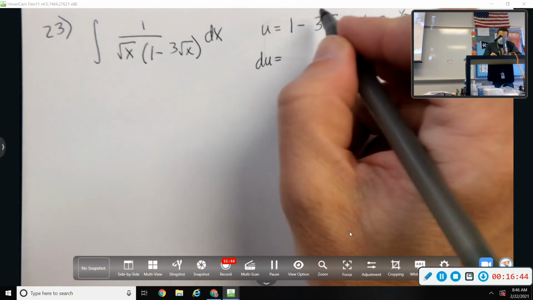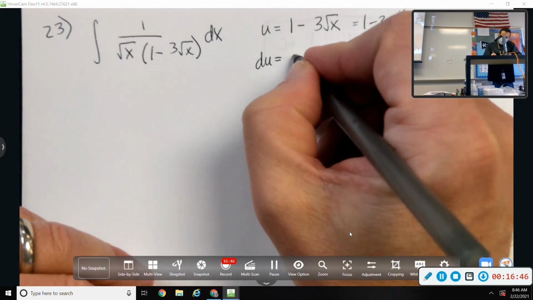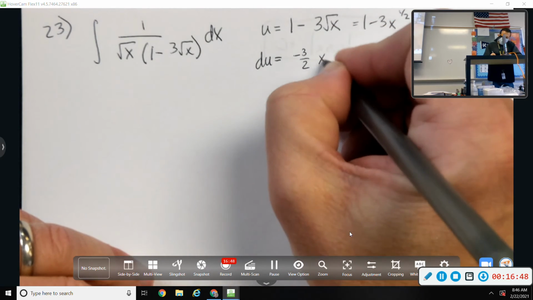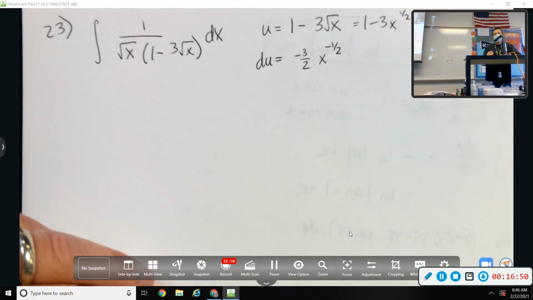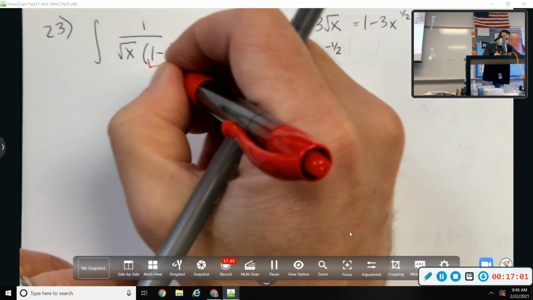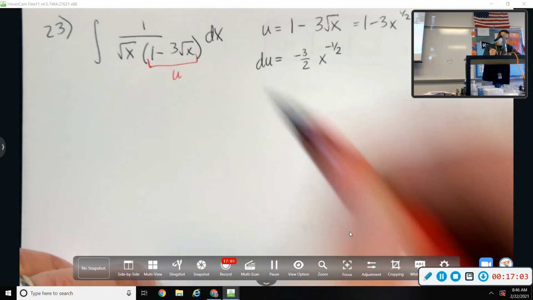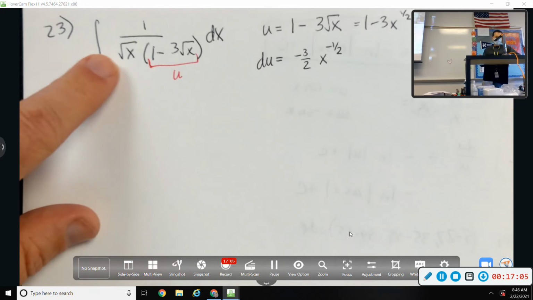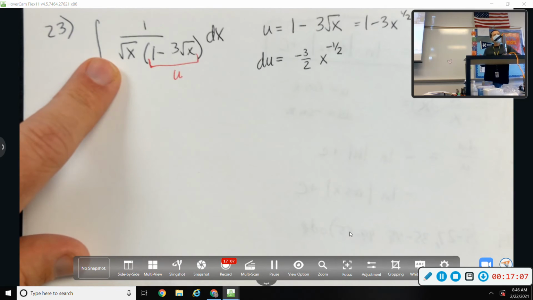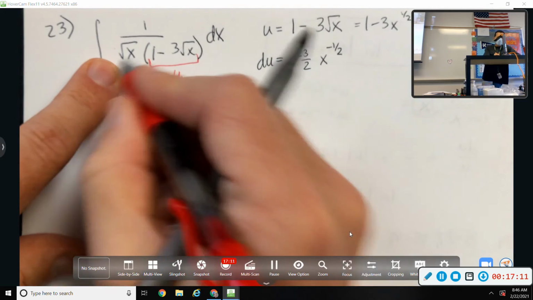Let's see, derivative of 1, that goes away. So minus 3/2 x to the negative 1/2. And then if I'm paying attention, I think that's really good news. Why do I say that? What's 1 over the square root of x? That's x to the negative 1/2. So we're pretty close here.